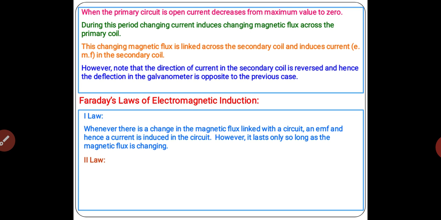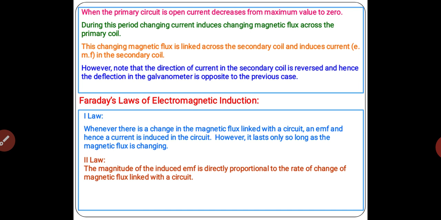Once again, let us focus on the first law. Whenever there is a change in the magnetic flux linked with a circuit, an EMF and hence a current is induced in the circuit. However, it lasts only so long as the magnetic flux is changing. Similarly, the second law states that the magnitude of the induced EMF is directly proportional to the rate of change of magnetic flux linked with a circuit.